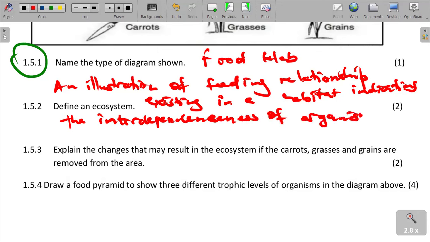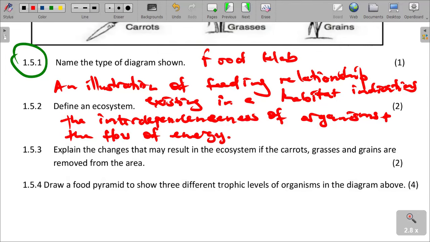So what we are saying is it's an illustration of feeding relationships existing in a habitat, indicating the interdependence of organisms and also the flow of energy.